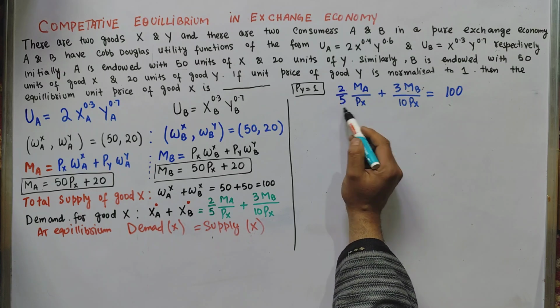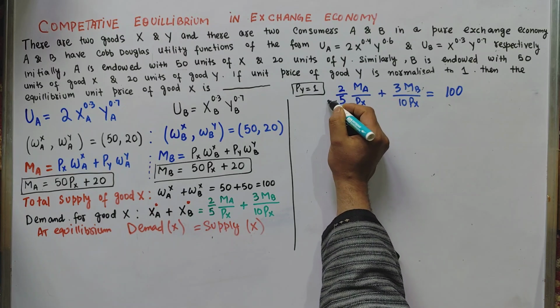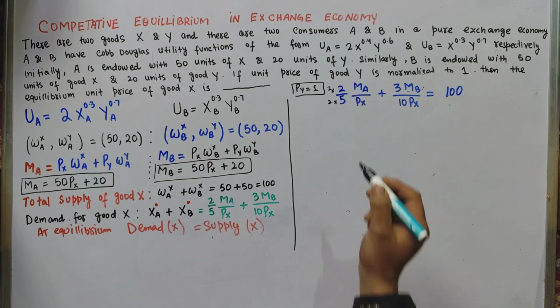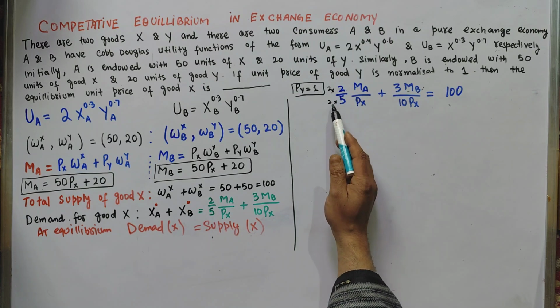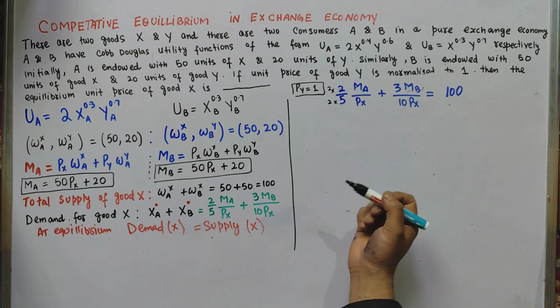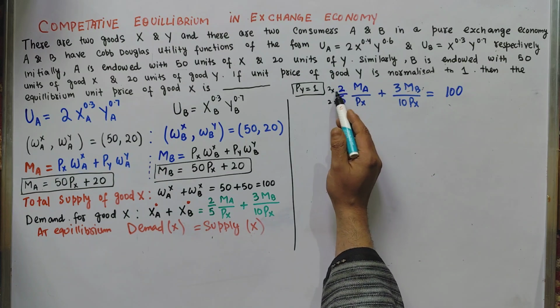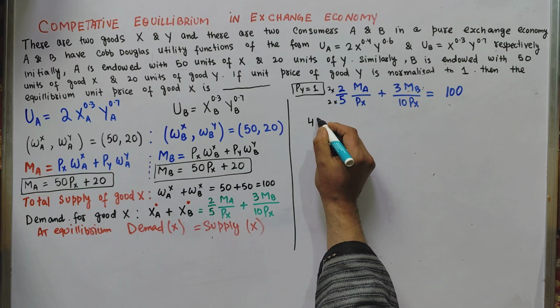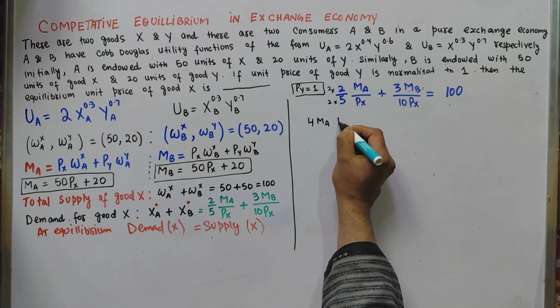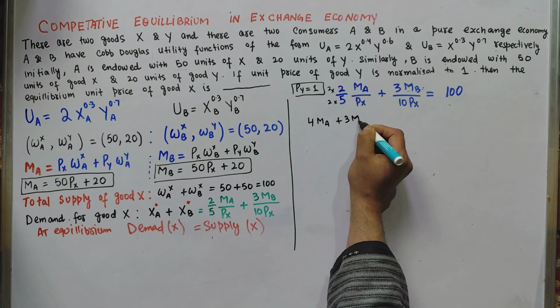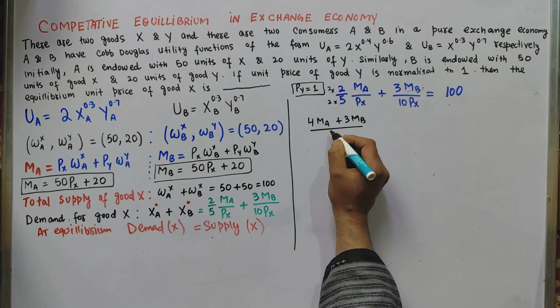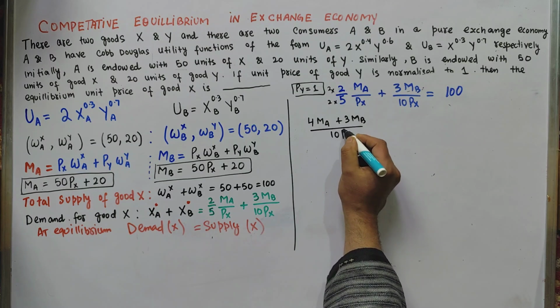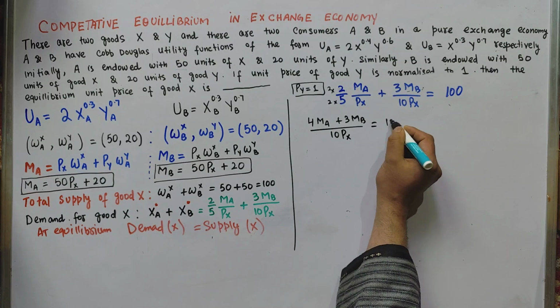Multiplying this term by 2, the numerator and denominator, it will become 10 here, 10Px and 10Px, then the denominator is the same. Now we can add up the numerator. So this becomes 4Ma plus 3Mb upon 10Px is equal to 100.